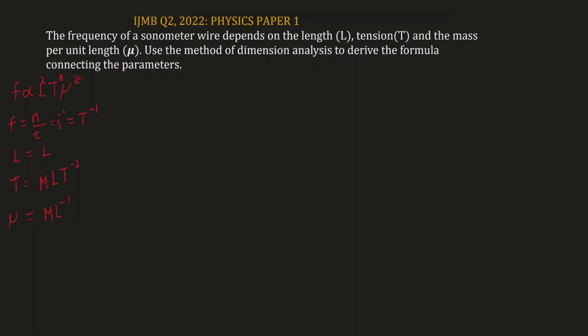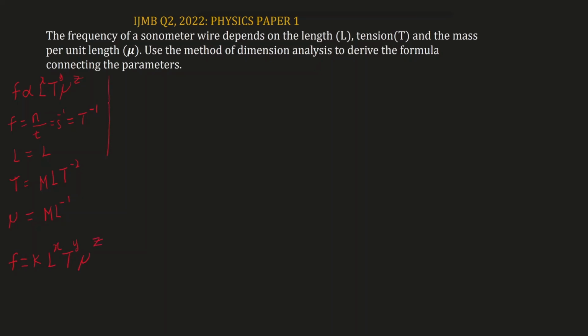Let's go ahead and put an equal sign to the variation proportion that we have. So putting equal to the variation expression, we are going to have f equal to k, L to the power of x, T to the power of y, and linear density to the power of z.